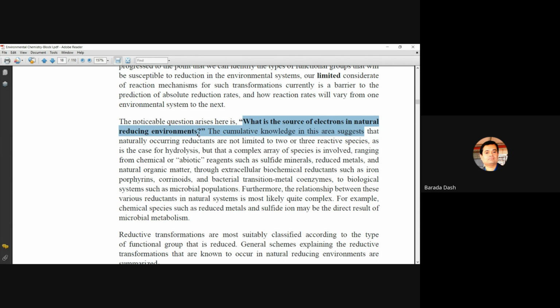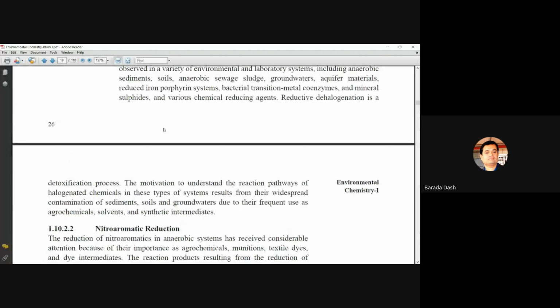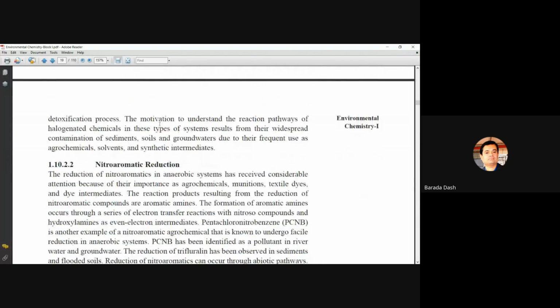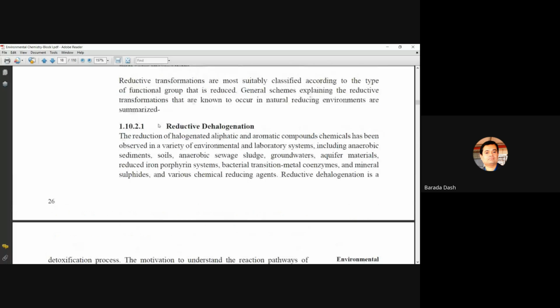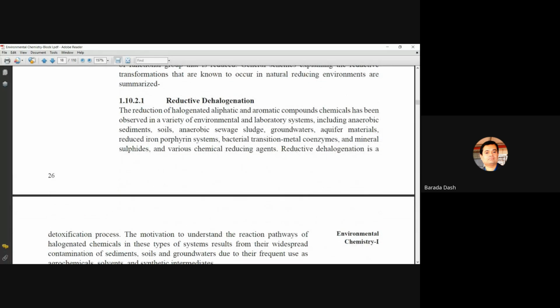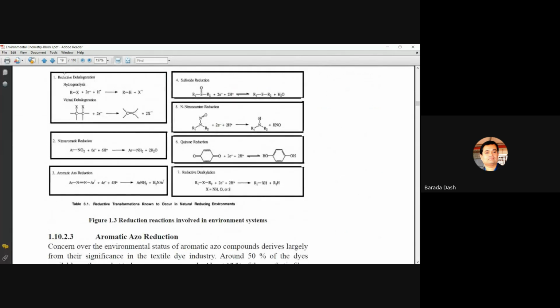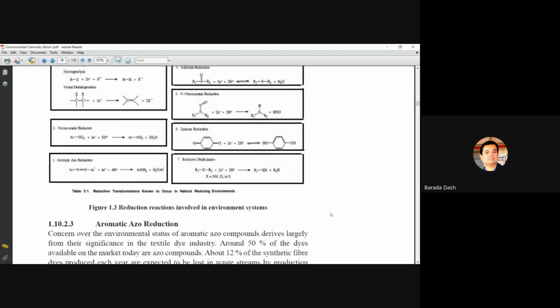So any reaction where reduction is occurring means the reactant is gaining electrons. There are many different types of reduction reactions: reductive dehalogenation, nitroaromatic reduction. There are many examples of reductive reactions here.